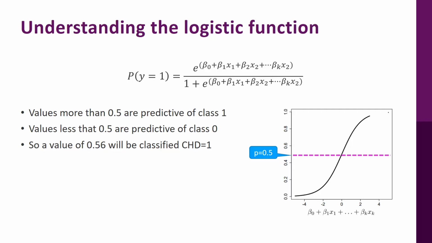Because the output of a logistic regression model is a probability, but what you need to find out is if someone is classified as having the disease or not. Therefore, the probability always has to be classified as either 1 or 0.